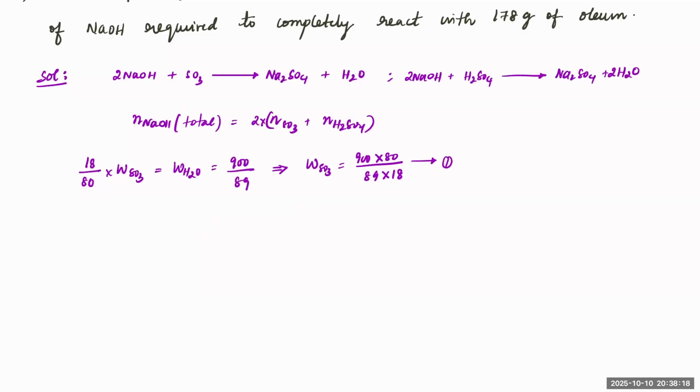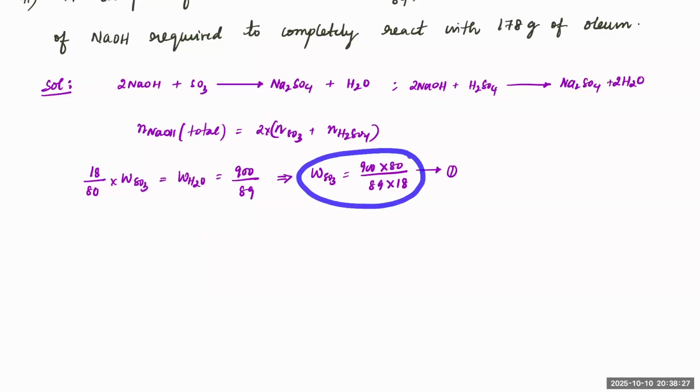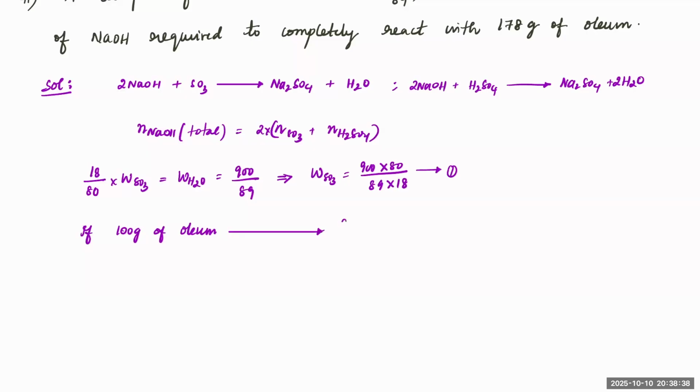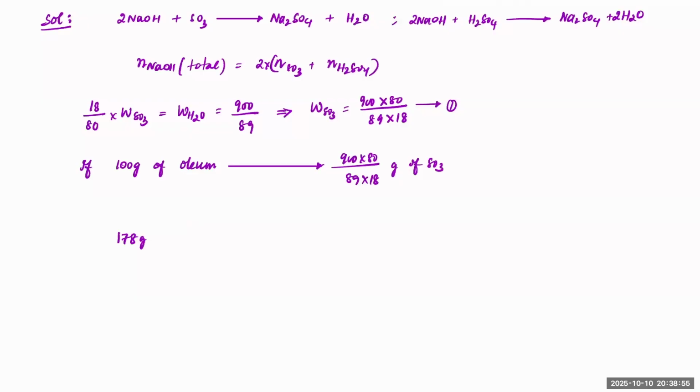This is when you have 100 grams of oleum. In 100 grams of oleum, this much amount of weight of SO3 will be present. So if 100 grams of oleum contains 900 into 80 by 89 into 18 grams of SO3, then 178 grams of oleum must have how much?